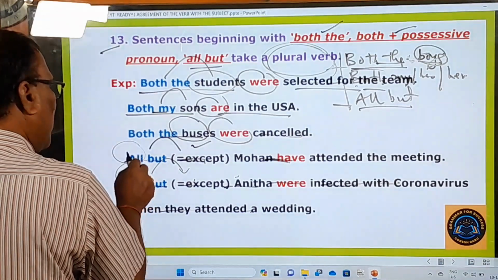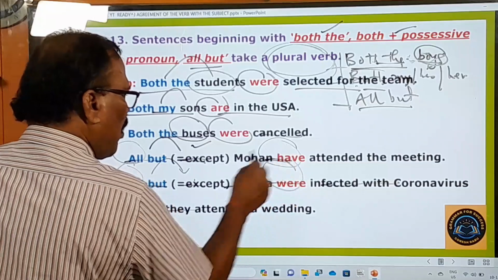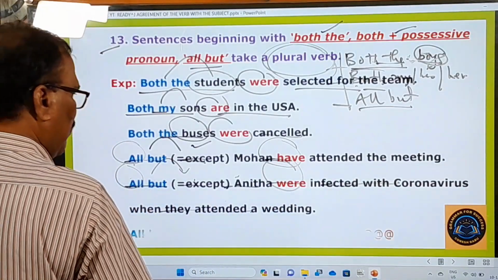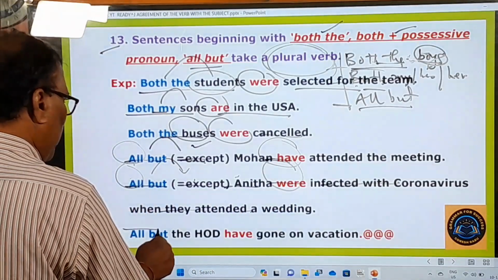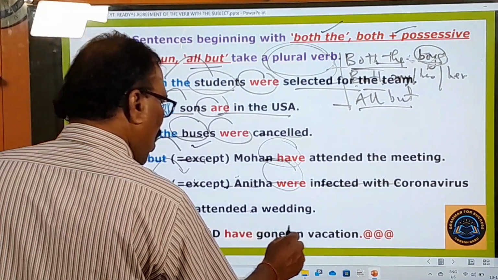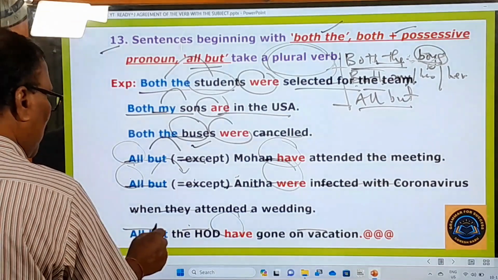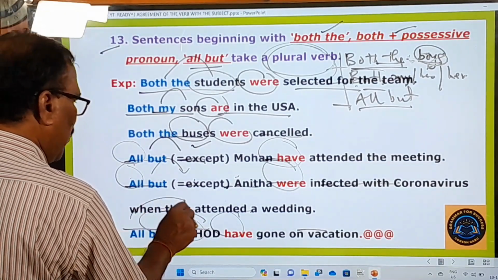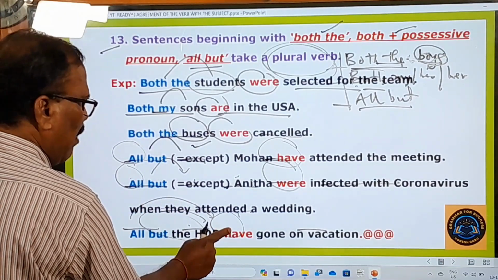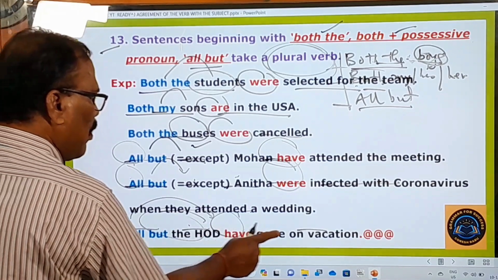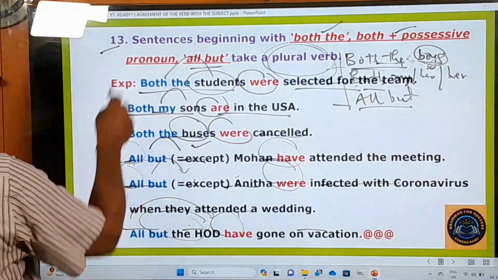That's why you are using only the plural verb after that. One more example is given here: all but the HOD have gone on vacation. All except the HOD. So this is dropped, and according to all we use have. All but the HOD have gone on vacation. So in this way, this is also an important rule.